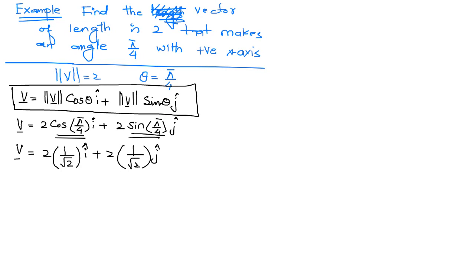So when you simplify it, you can write 2 as square root of 2 times square root of 2. So square root of 2 divided by square root of 2 i plus square root of 2 divided by 2 j.